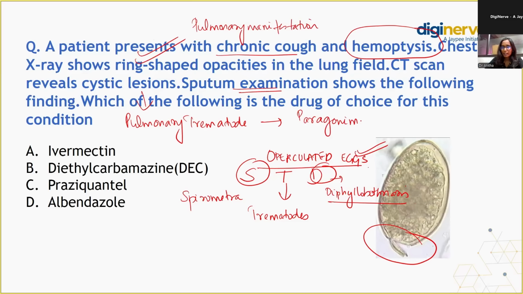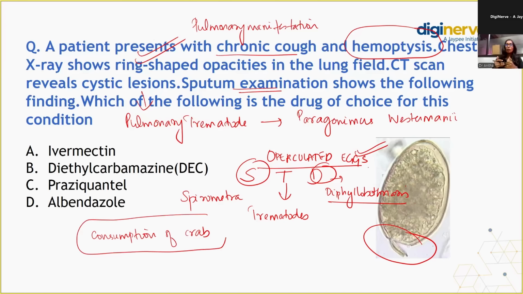Man usually acquires the infection by consumption of crab. Crab remains as the second host and snail remains as the first host. The patient usually presents with hemoptysis. So the drug of choice here is praziquantel.